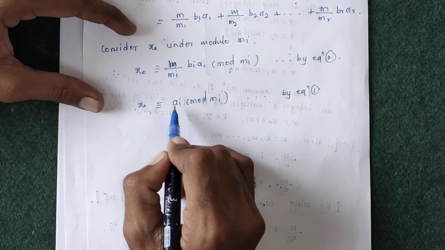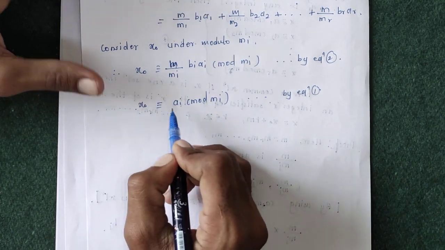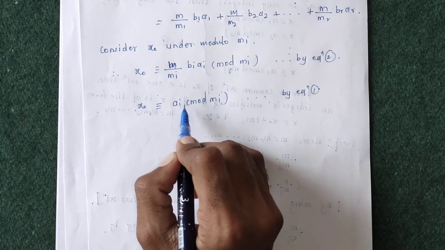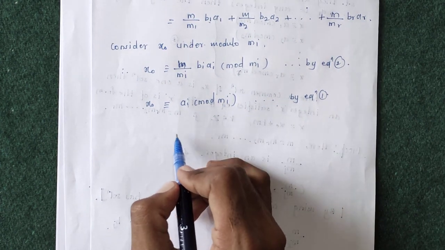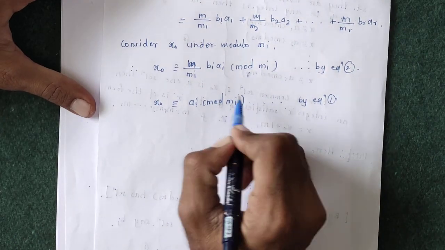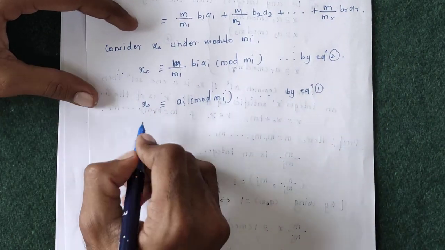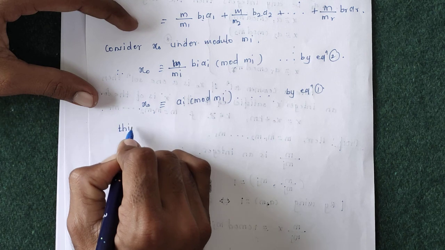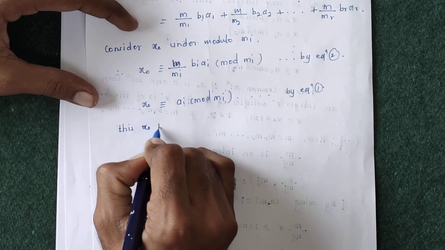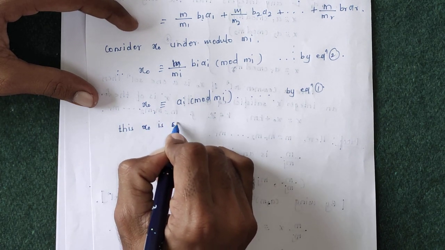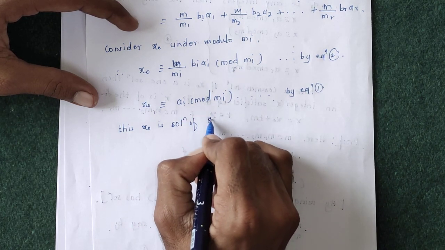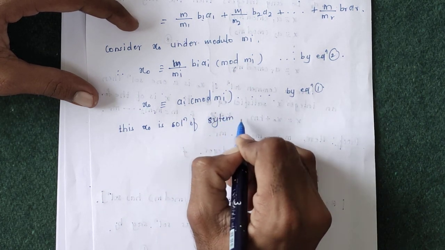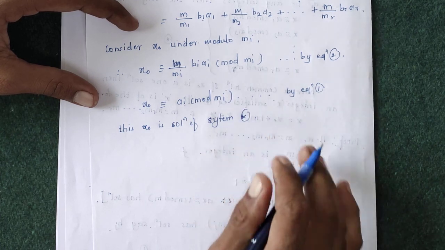That is, x naught is a solution of a1 modulo m1, a2 modulo m2, up to ar modulo mr. Hence this x naught is a common solution of the system star.